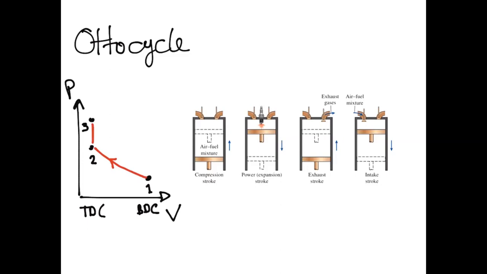Then we will have to exhaust the gases, and that will yield an expansion. The expansion is in an isentropic way. That's the best way to do the expansion.